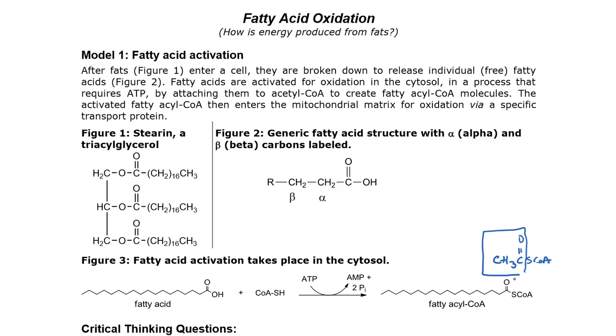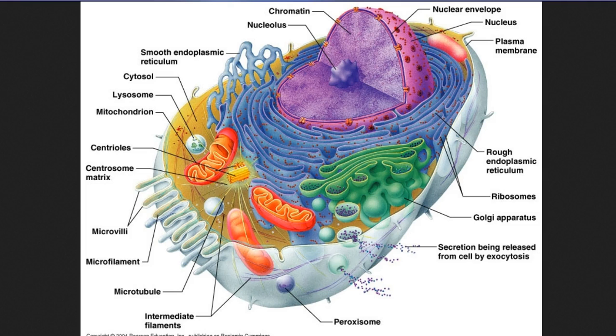And then that fatty acyl coenzyme A enters the mitochondrial matrix for oxidation, and it does that by a specific transport protein. And again, we're not examining how that takes place, except to note that the fat molecule gets into the cell.